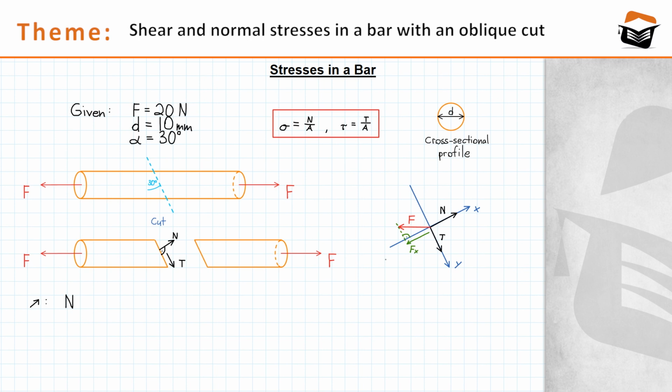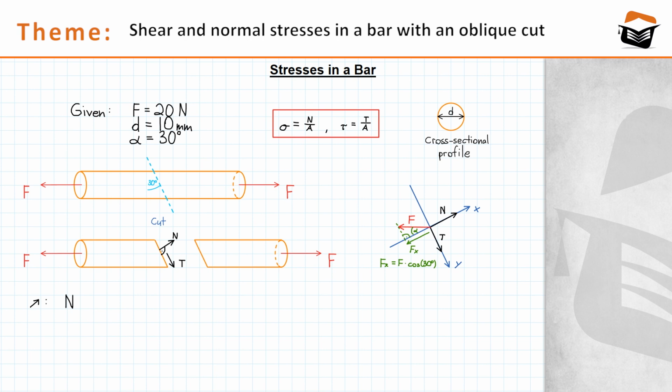And that x component is simply equal to F times cosine alpha, or in our case, cosine 30 degrees. Why? Because this angle is basically alpha, and alpha is 30 degrees.